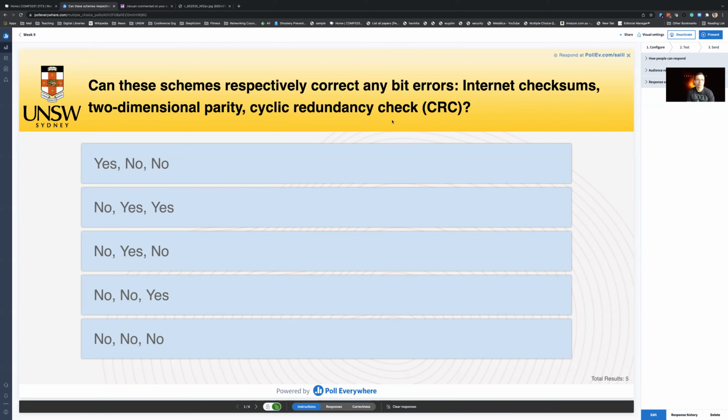It means even a single bit error, basically. So it's asking you, can these schemes respectively correct any bit errors? The 3 schemes are checksums, 2-dimensional parity, and CRCs. So you would have 3 answers: the first for checksum, second for 2D parity, and the third for CRC.